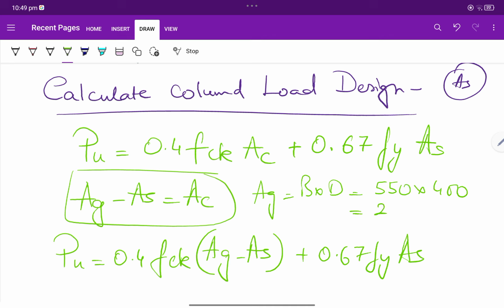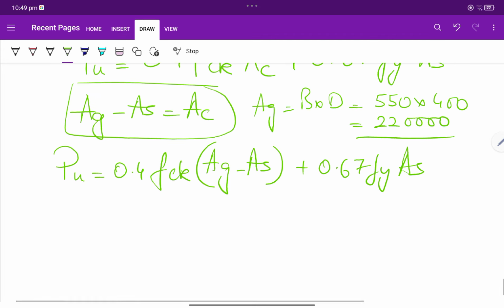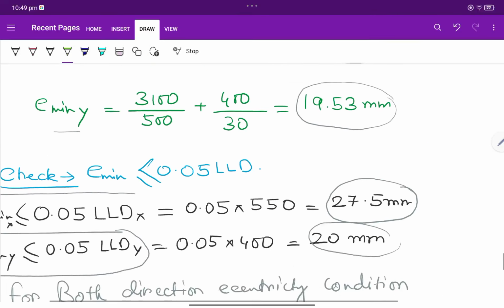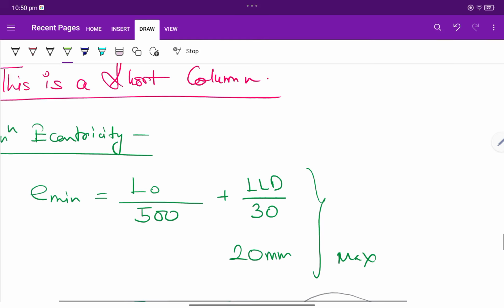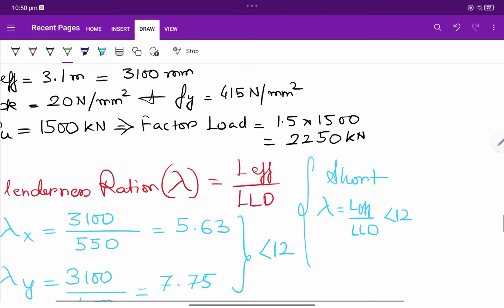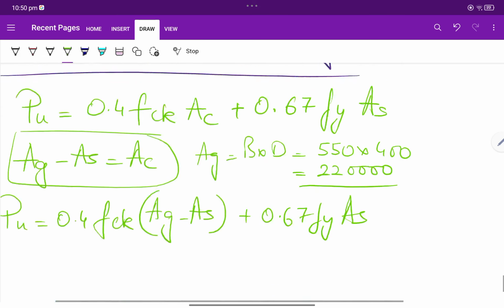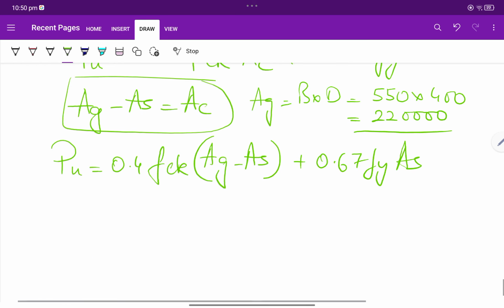It comes to 221... So this value is coming. See, we have calculated the PU, the factored load, at the starting only. See, this is the PU value, 2250 kilonewton.